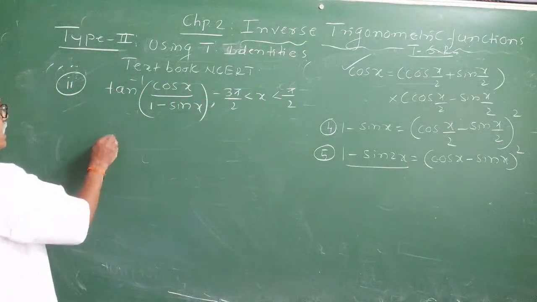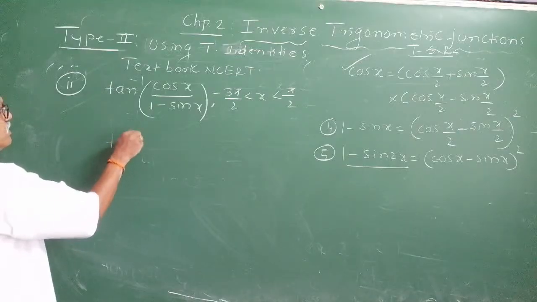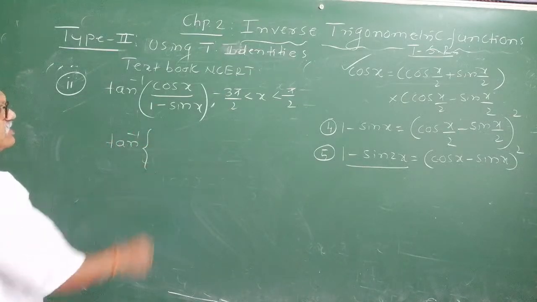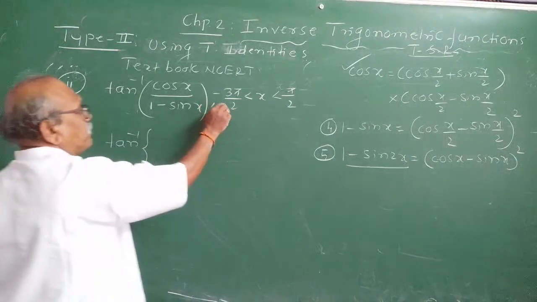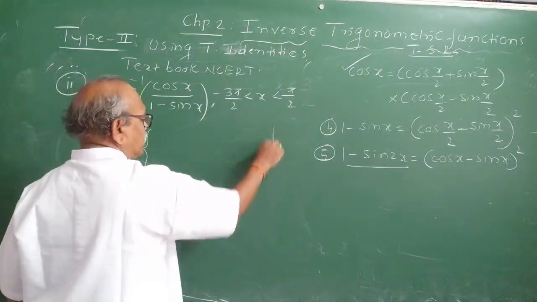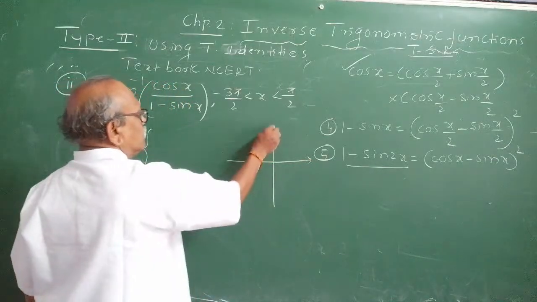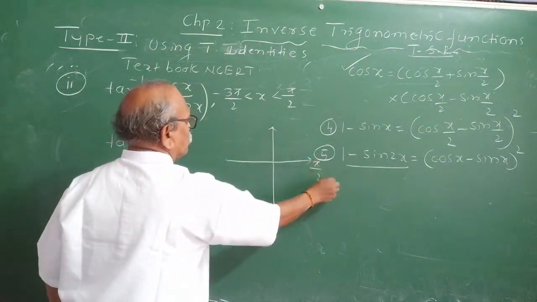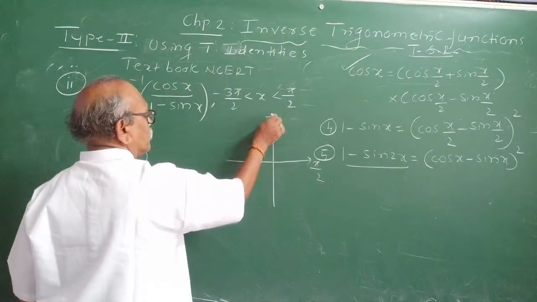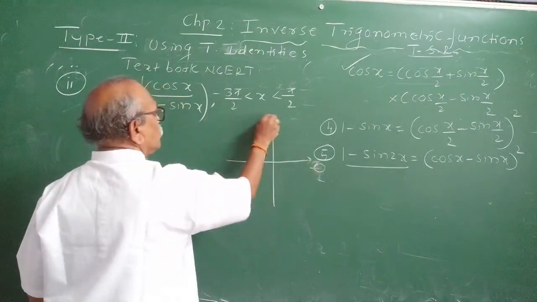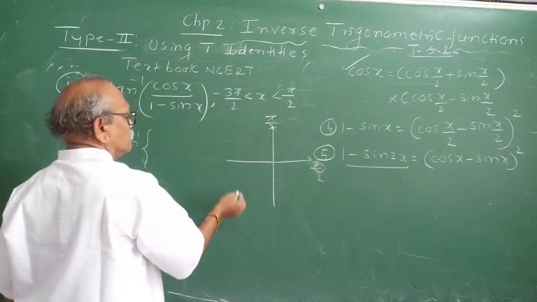Using those identities, I can directly write the numerator as tan inverse, with the domain minus 3 pi by 2 to pi by 2. Where does the minus 3 pi by 2 come from? See, this is pi by 2. This is 0. This is pi by 2. Right?